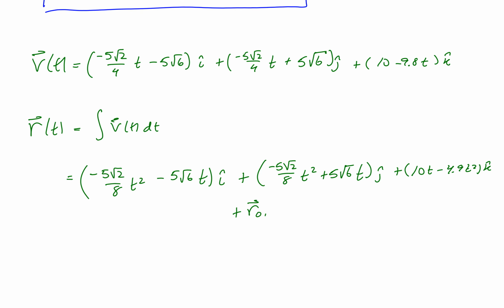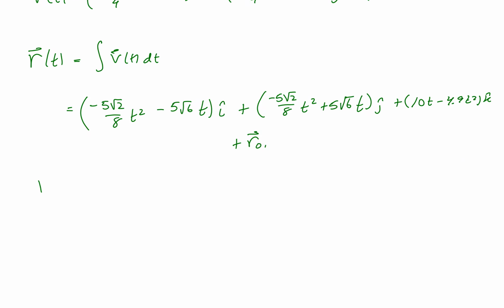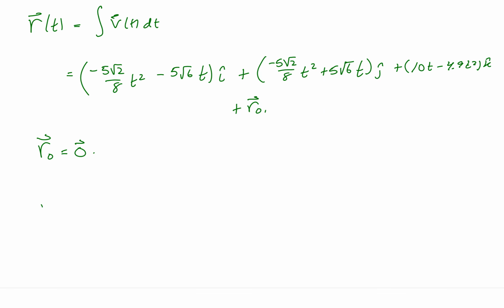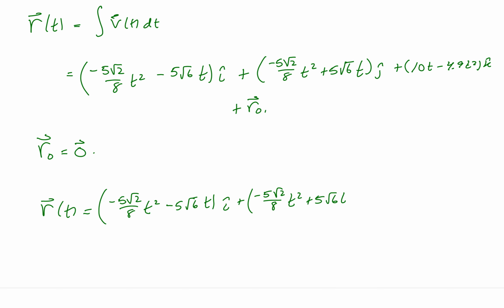But we chose our initial position to be the origin by the way we set everything up. So r0 is just the 0 vector. So that means our position vector is just minus 5 root 2 over 8 t squared minus 5 root 6 t i plus minus 5 root 2 over 8 t squared plus 5 root 6 t j plus 10t minus 4.9 t squared k.